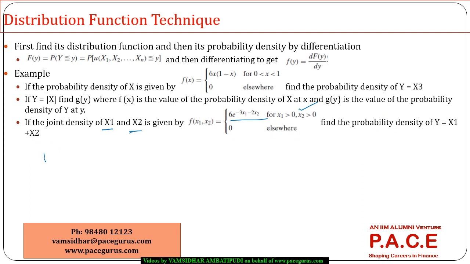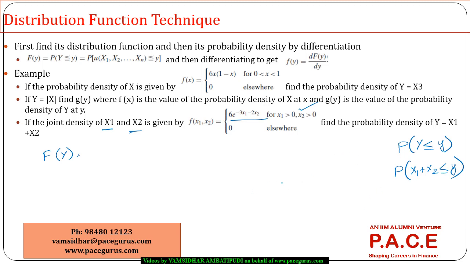So first let me find capital F of y, probability of y less than or equal to y, where y is x1 plus x2, which is nothing but probability of x1 plus x2 less than or equal to y.